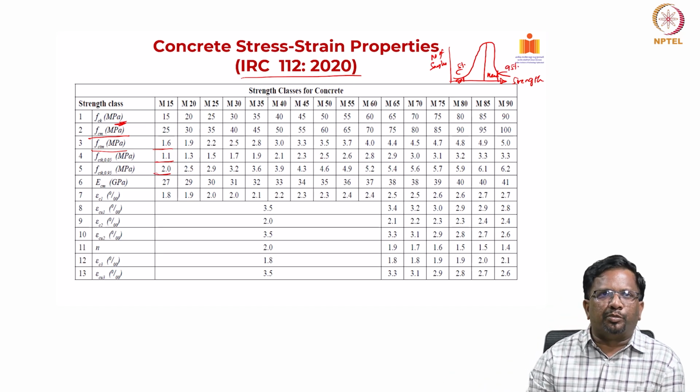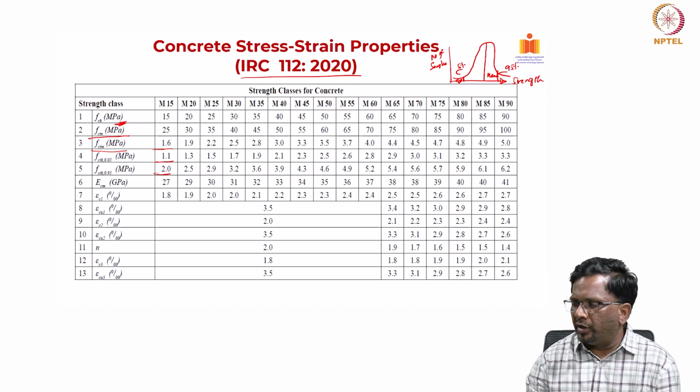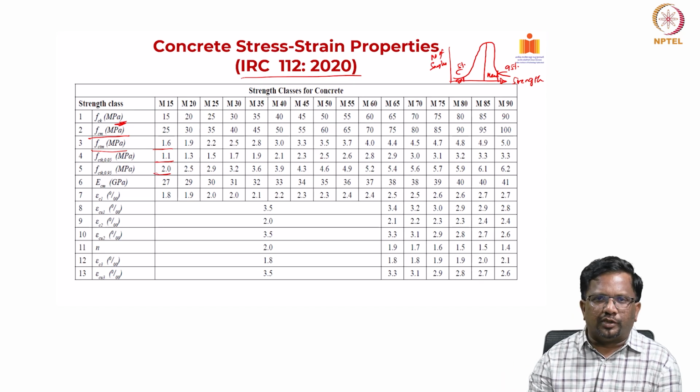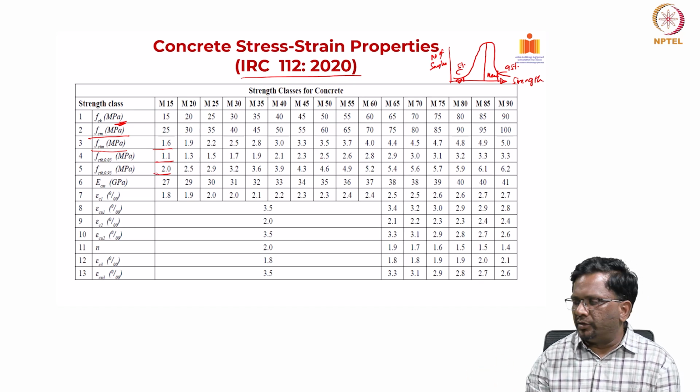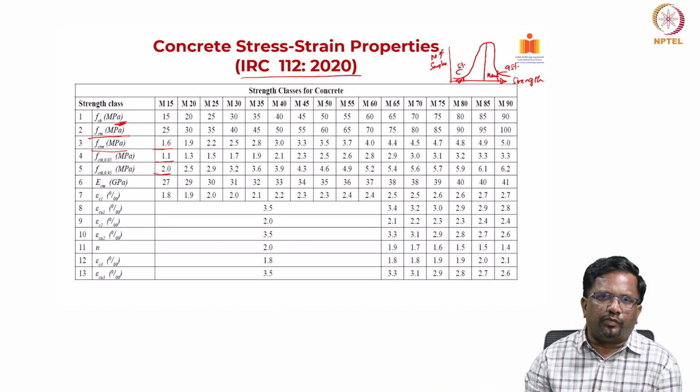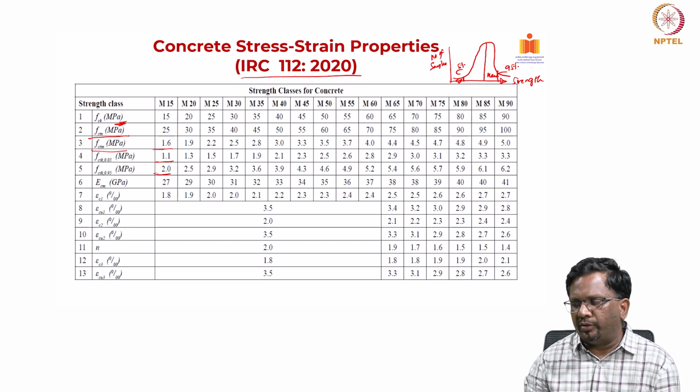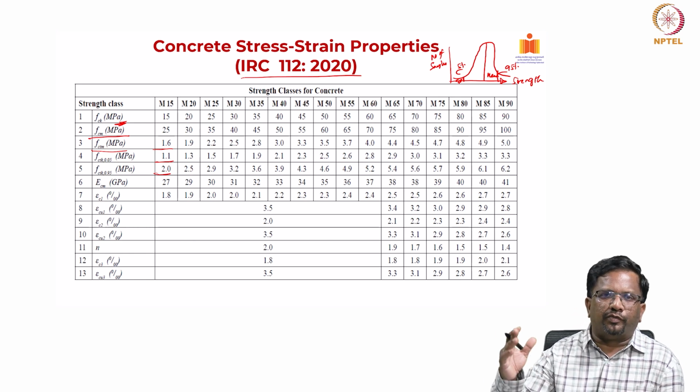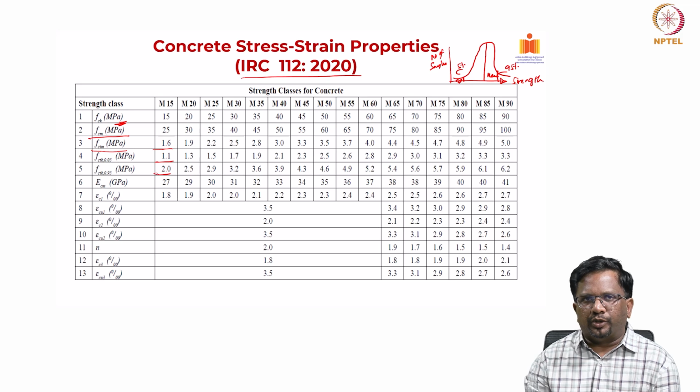So the 95% value should be higher than your mean strength, and the 5% strength has to be lower than that. So from the bell shaped curve you can find out what should be the coefficients for different percentile strengths.